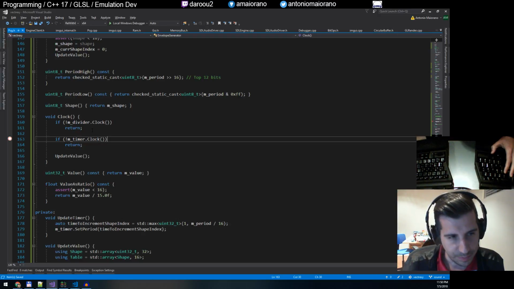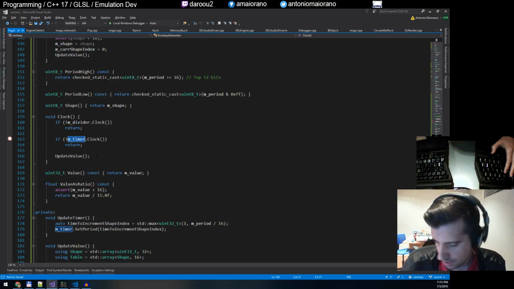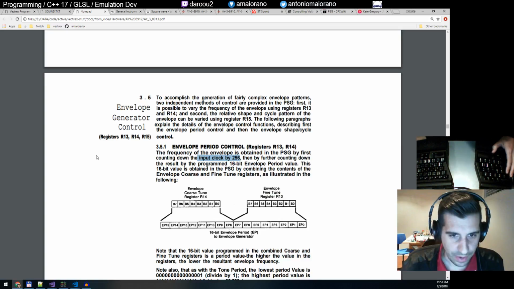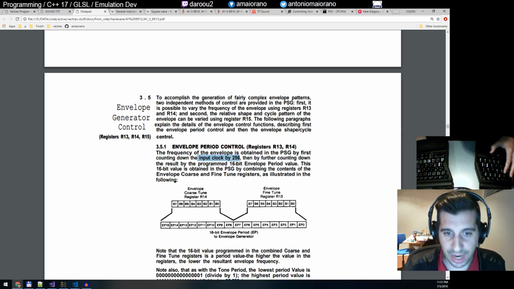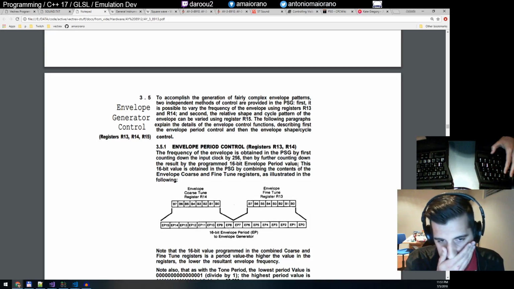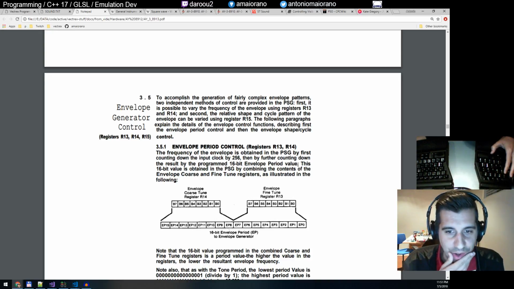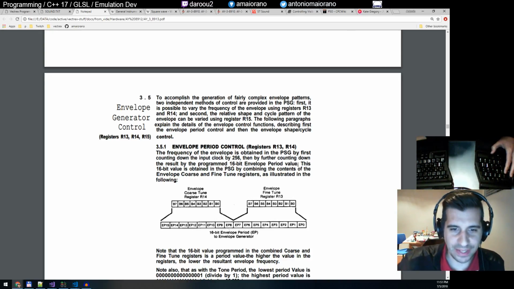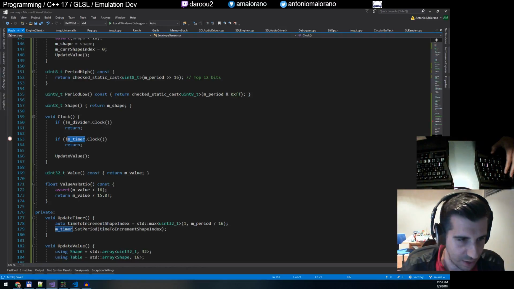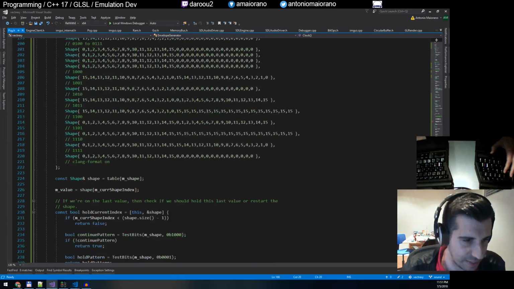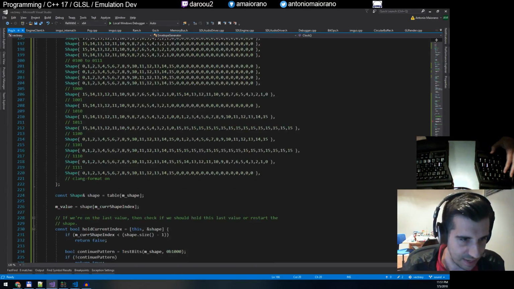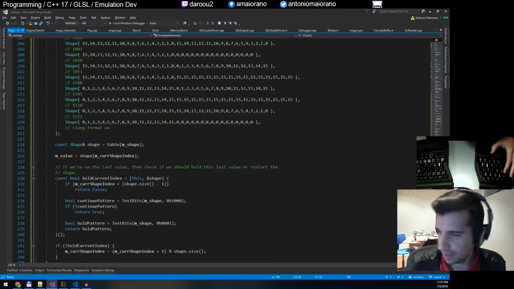Once that has been clocked, then I clock the timer, because then it says, by further counting down the result by the programmed 16-bit envelope period value. Now, this period value, I've cut it up into 16 so that I can do this update value, which basically increments this index to get the next value in my current shape.